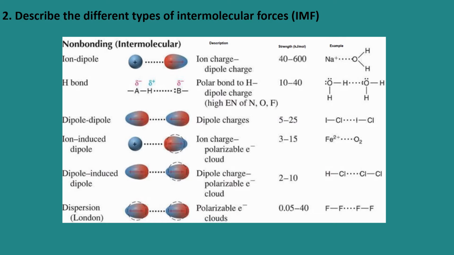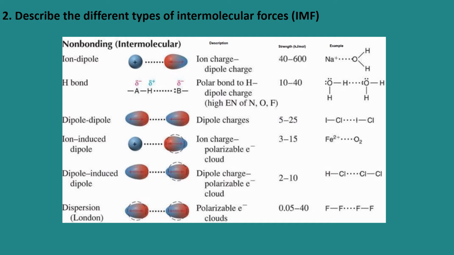For the hydrogen bond, it's a polar bond that exists between hydrogen, or the hydrogen dipole charge, because of the high electronegativity of nitrogen, oxygen, and fluorine. In terms of strength, it usually needs 10 to 40 kilojoules per mole of energy to separate molecules with hydrogen bonding.